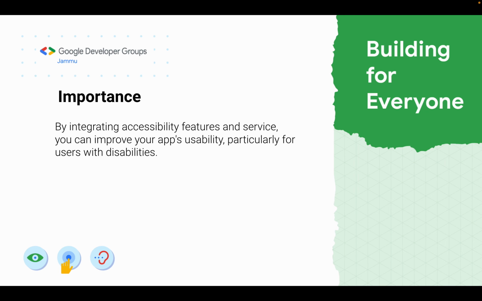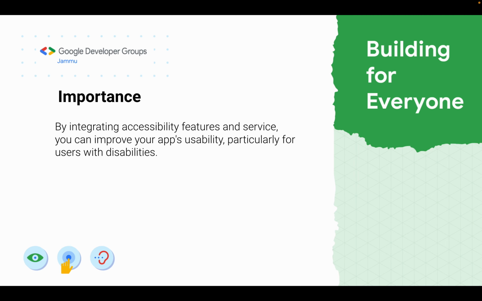You all know accessibility is an important part of any application. Whether you are developing a new application or improving an existing one, we must ensure that our users can perceive, understand, navigate, and interact with apps.